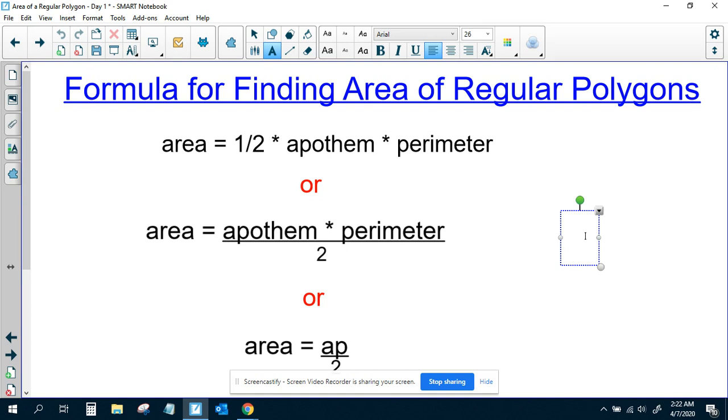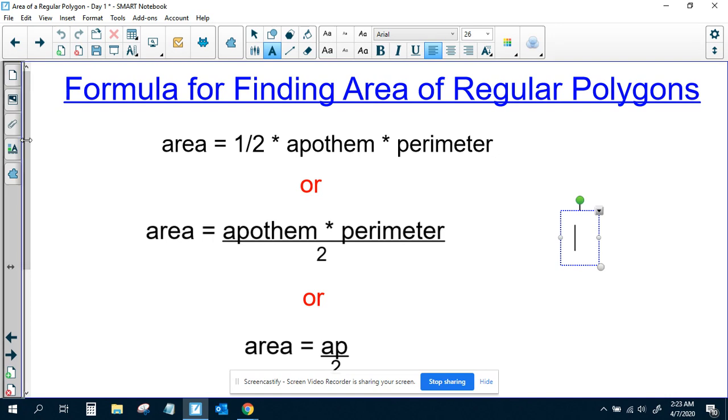Just to recall, perimeter is just the distance around. If you take one side length and add all of the side lengths together, that gives you the perimeter of the figure. Another way we can write 1/2 times the apothem times the perimeter is to say that the area equals the apothem times the perimeter divided by 2, because multiplying by 1/2 is the same thing as dividing by 2.